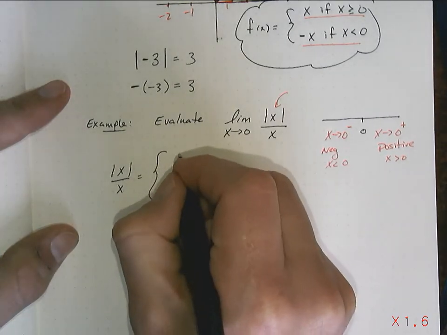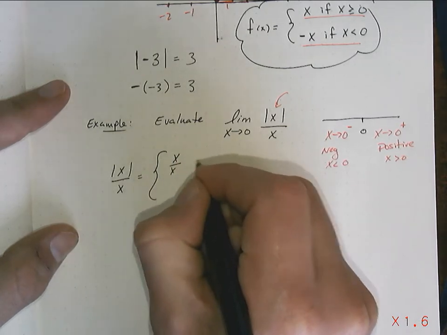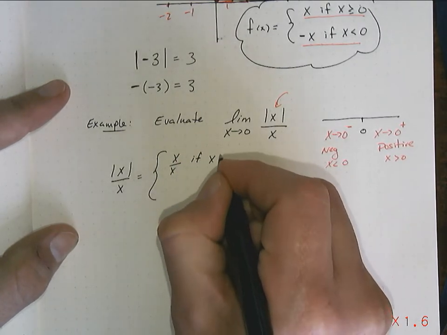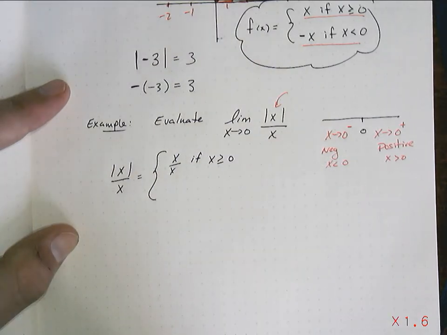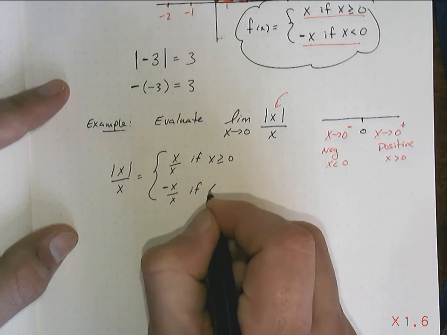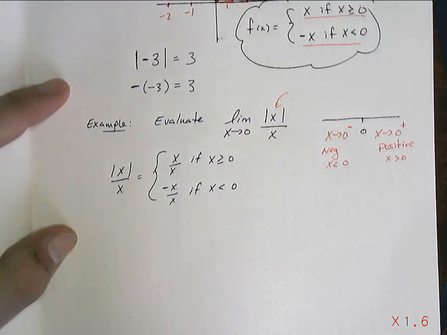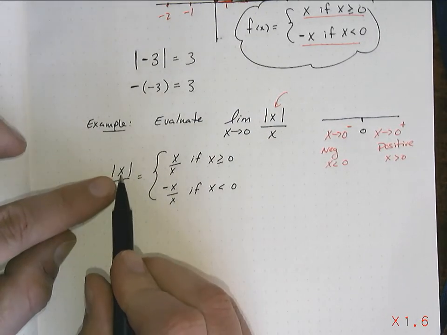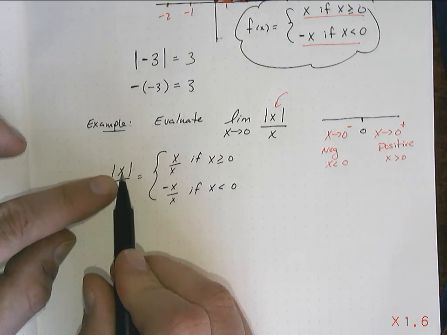It's going to equal positive x over x if the values of x that I'm putting in are greater than or equal to 0. But it's going to be negative x over x if the values that I'm putting in are negative, because we need that negative to get rid of the negative that's being put into the function.